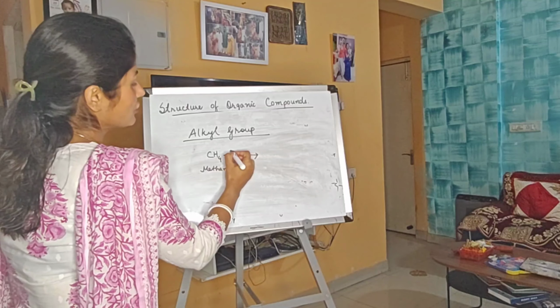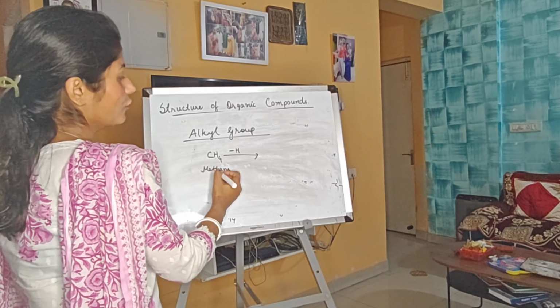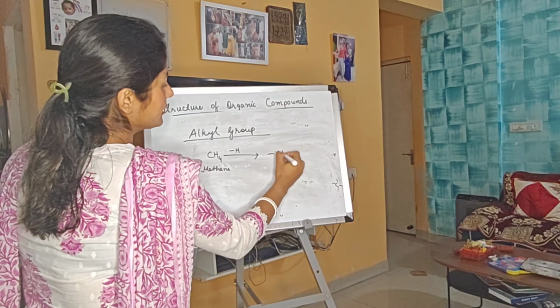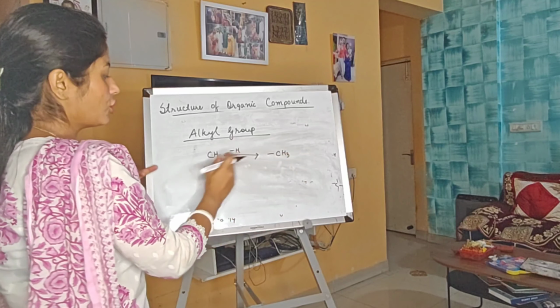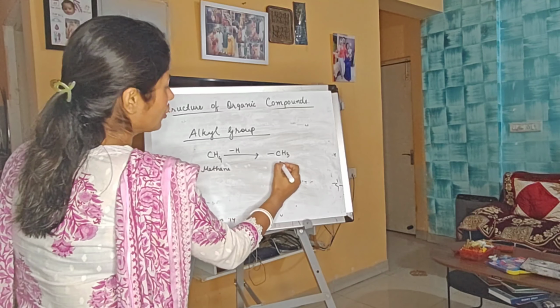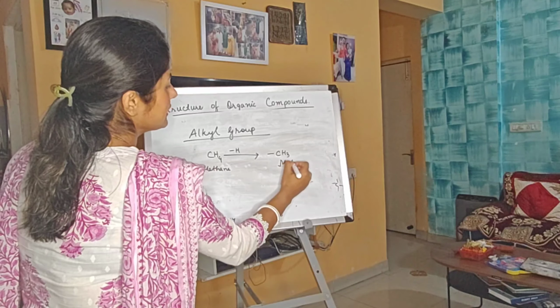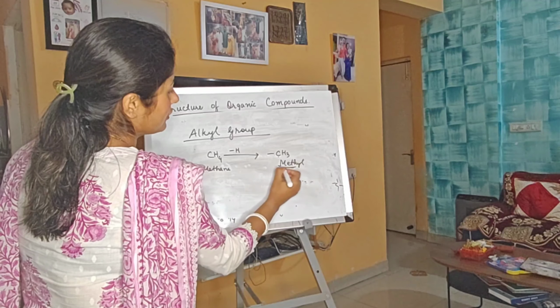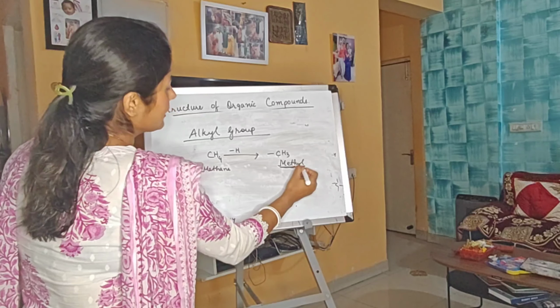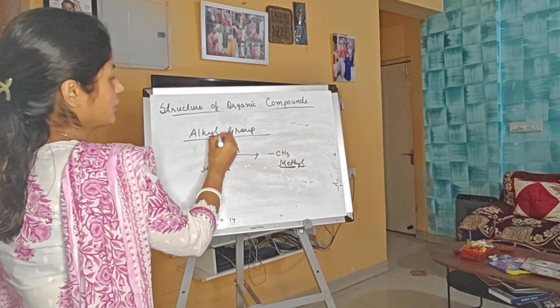If we remove a hydrogen atom from this alkane, what will we get? CH3. This CH3 group, which is one hydrogen short of this alkane, is called an alkyl group. So its name will be methyl. For one carbon atom it is meth, as we have already discussed, and this yl comes from the parent group alkyl.